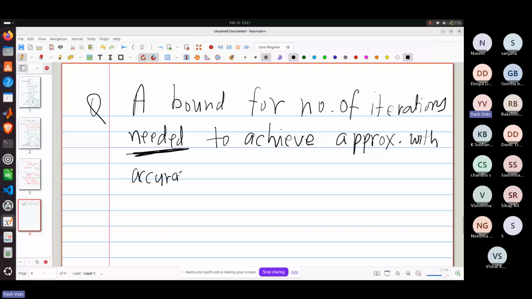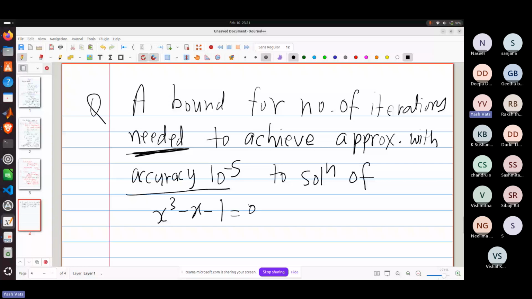Accuracy means tolerance, so no confusion this time.